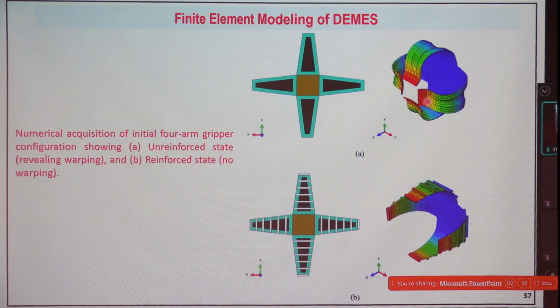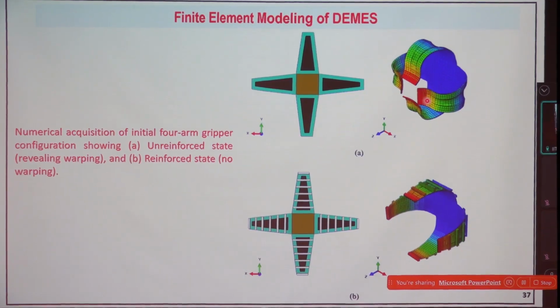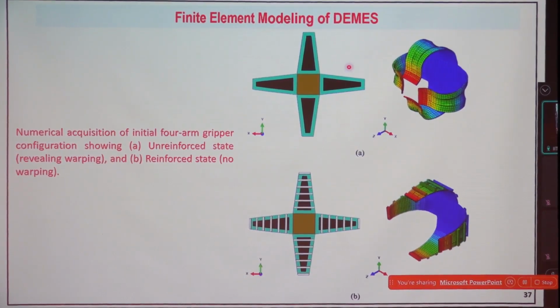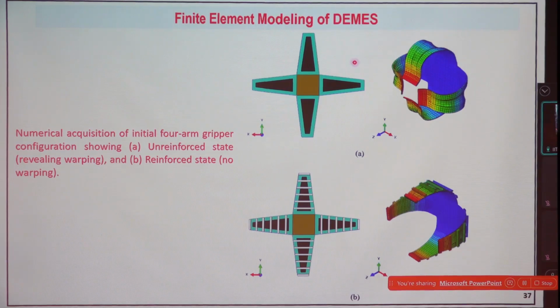So we have carried out a lot of simulations very rigorously, including ones without warping. We are trying to see whether in some cases it works without a stiffener or not. We get the same result when we are not implementing the stiffener. So that is the major case where you always require the incorporation of a stiffener. There is huge warping.